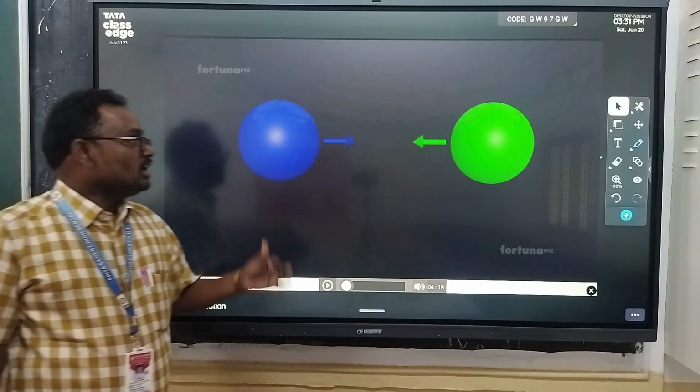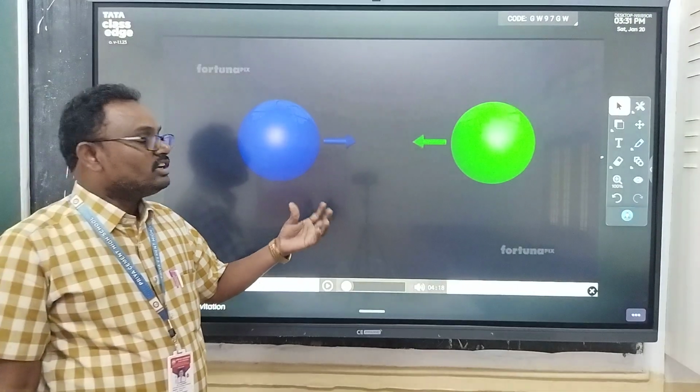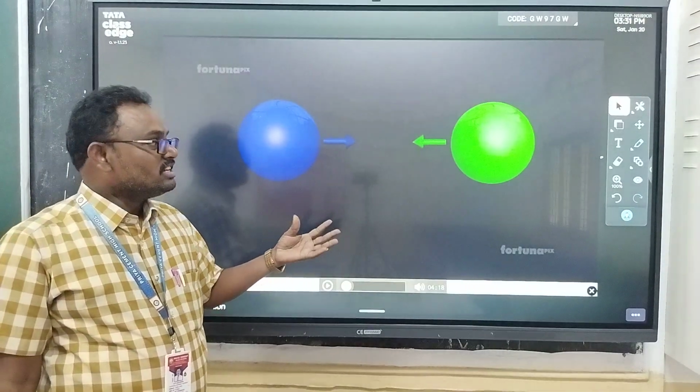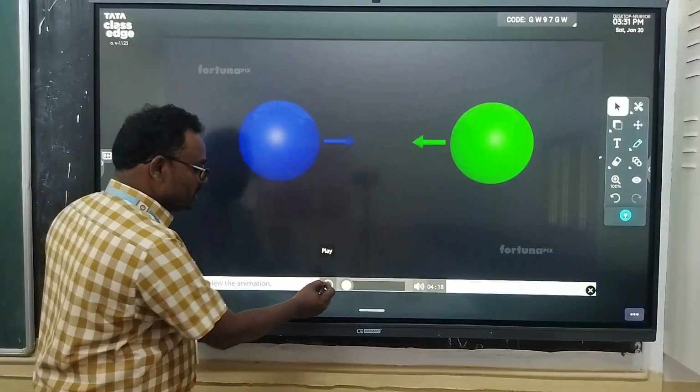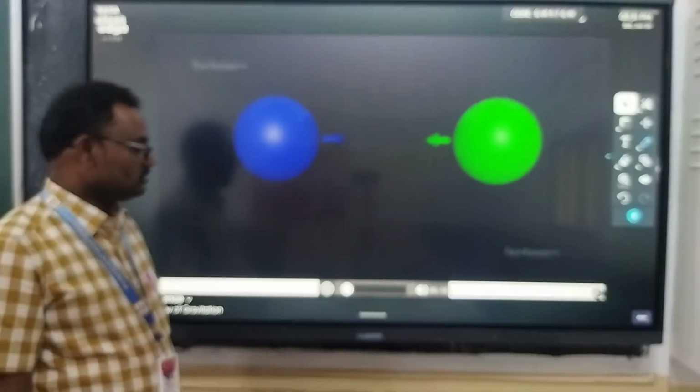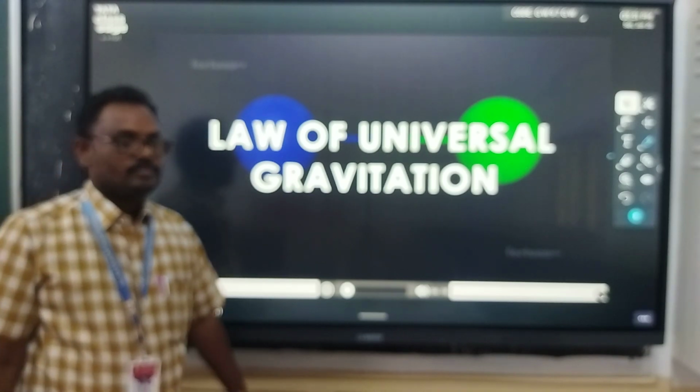See here, a blue one and a green one are the two masses separated by the distance d. Let us know about it. Law of universal gravitation.